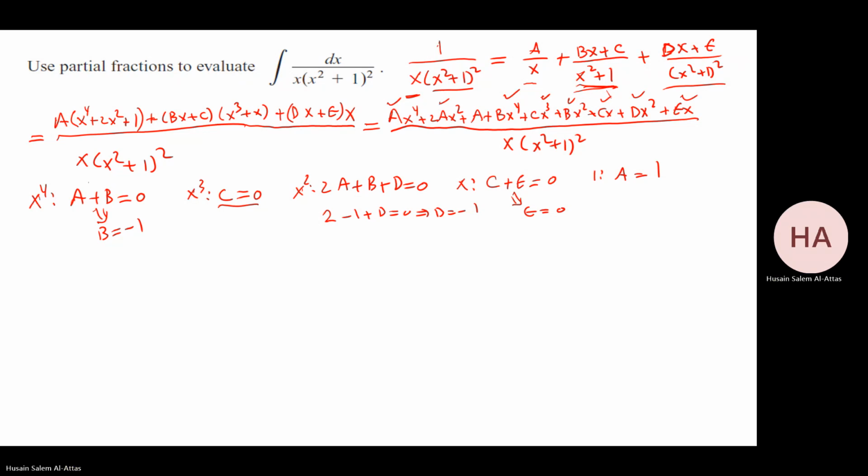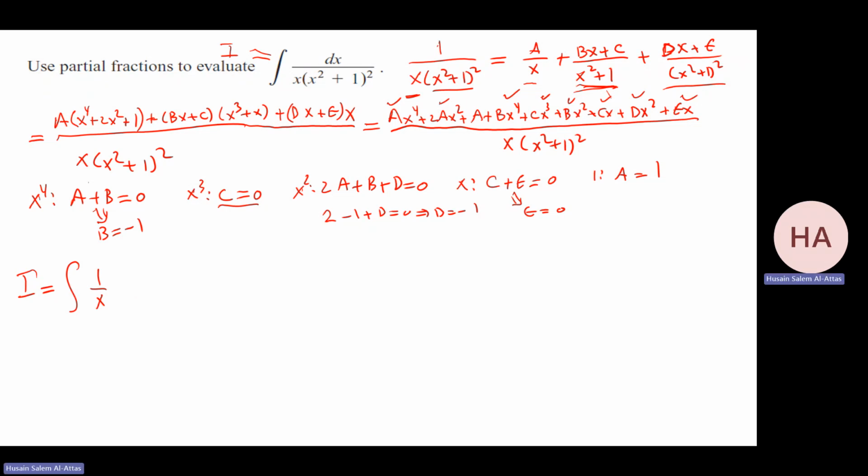Now I have what? Let me call it I, this integral. I will be integral. A is what? 1 over x. 1 over x plus, what is b? B is -1.